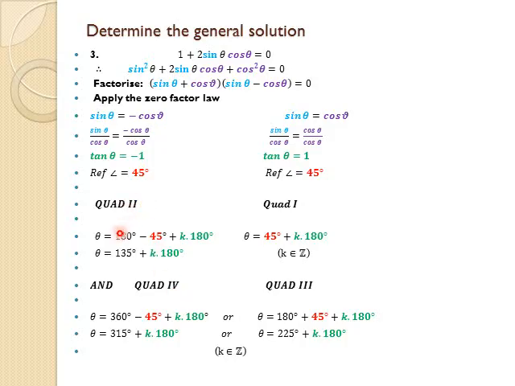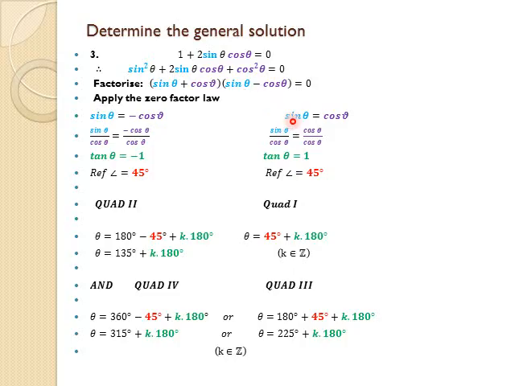So in quadrant 2 it will always be theta equals 180 minus 45 plus k180, which is 135 plus k times 180. And in quadrant 4 it will always be theta equals 360 minus the reference angle 45 plus k180. Remember, tan has a period of 180. 360 minus 45 gives me 315 degrees plus k180.